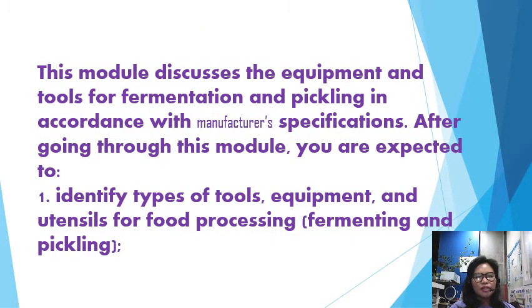This module discusses the equipment and tools for fermentation and pickling in accordance with manufacturer specifications. After going through this module, you are expected to, number 1, identify types of tools, equipment, and utensils for food processing, fermenting, and pickling.